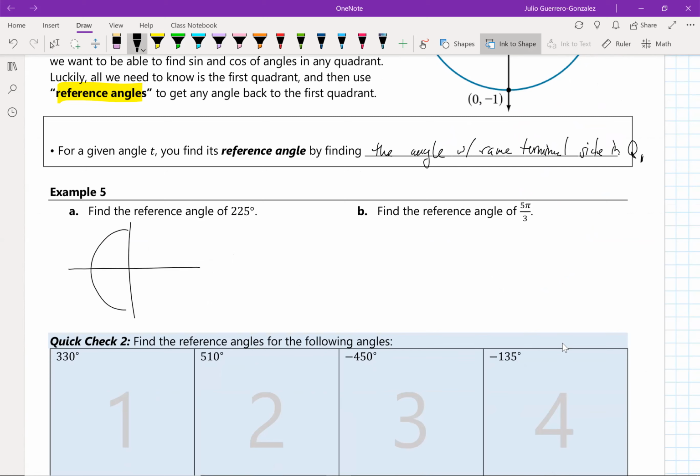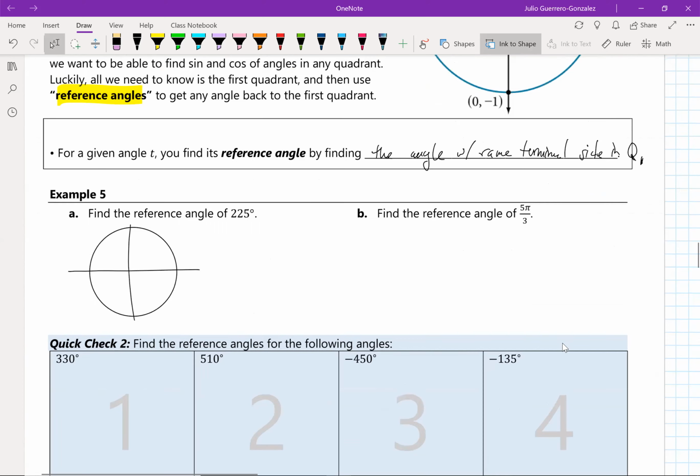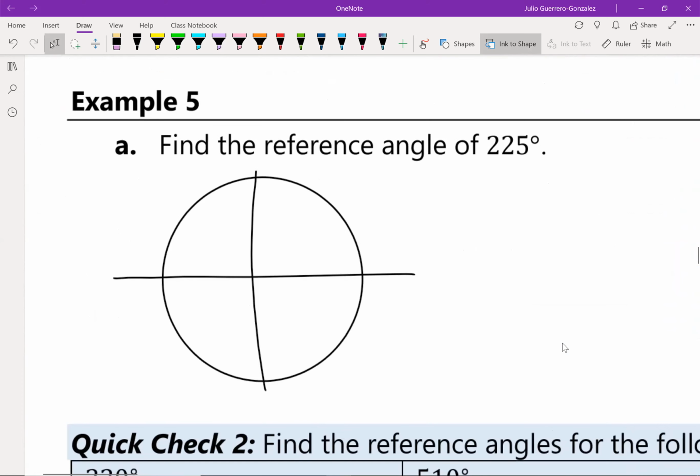We know that up to here is 180 degrees. 225 is right here, specifically a 45-degree difference from that 180.